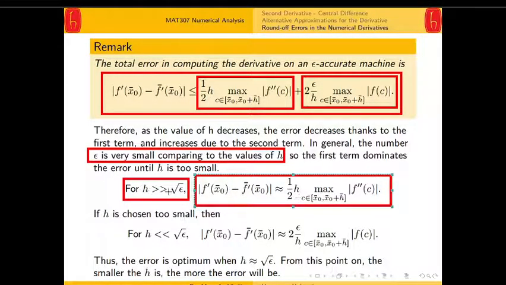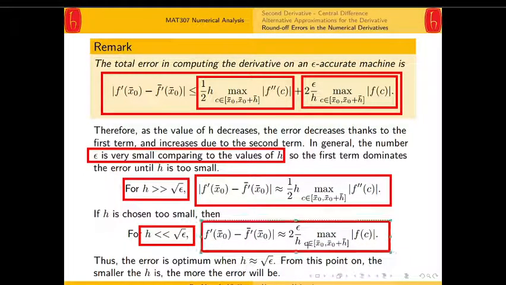If h is chosen too small, if h is less than root epsilon, then this part will be the dominating error part for this approximation. So if h is chosen too small, then decreasing h will increase the error.